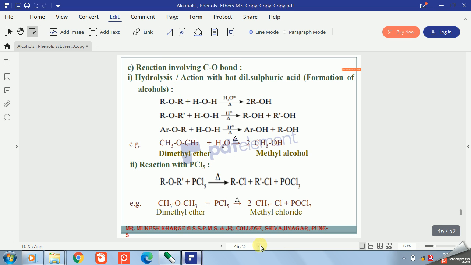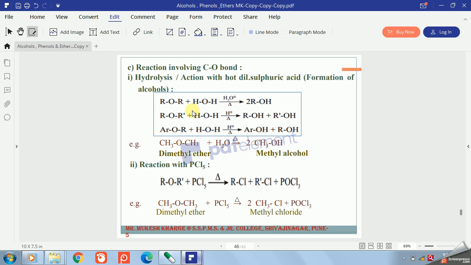Then the next reaction is the reaction involving the C-O bond. The first reaction is hydrolysis of ethers. The same hydrolysis can be carried out by the action of hot dilute sulfuric acid, H2SO4, and your product is the alcohol.